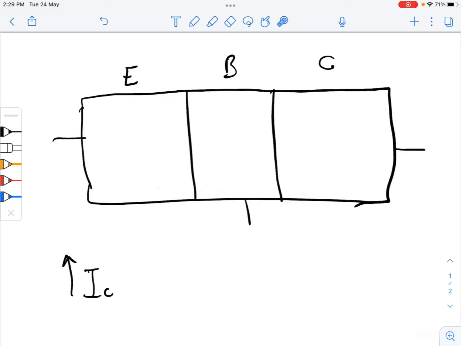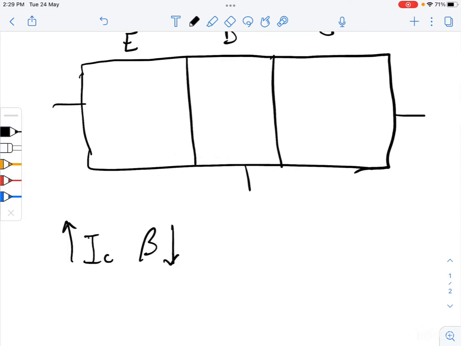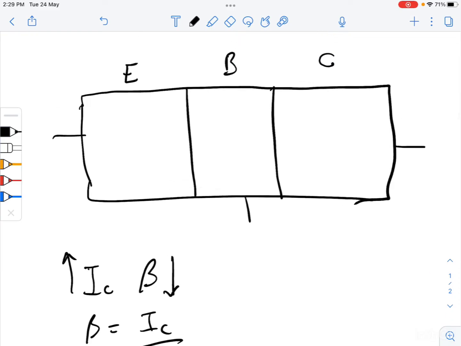At very high collector current, you see the gain is dropping. Before that, let's recap what gain is. The current gain is IC over IB.